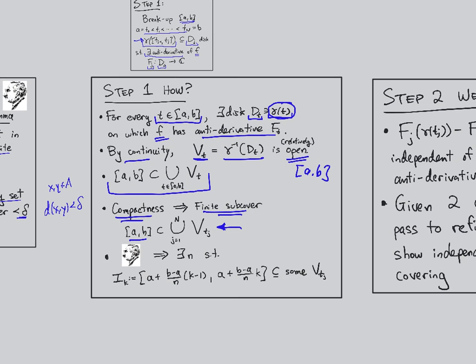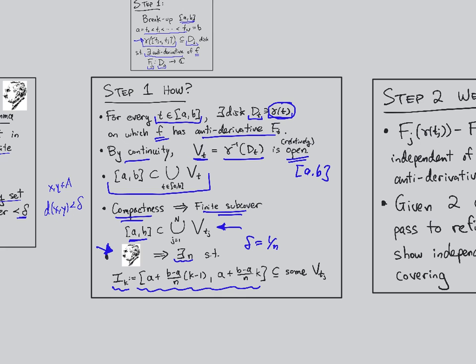And now here is where we use the Lebesgue number lemma. I'll use it with an n instead of a delta. So delta would be thought of as 1 over n. And basically, I'm breaking up the interval AB into n pieces.